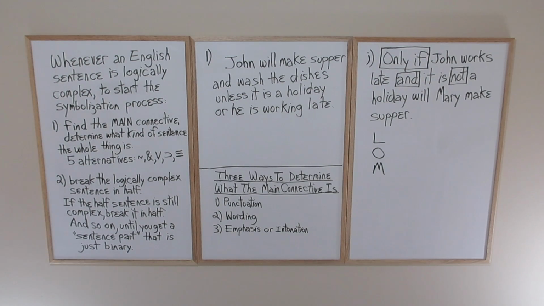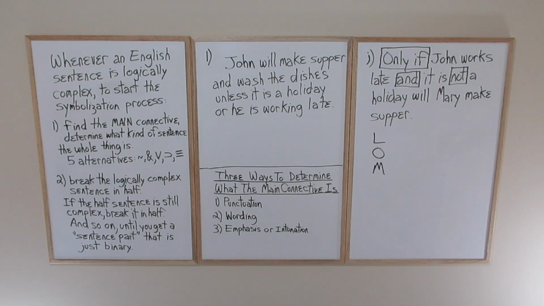We won't see this with these first two sentences, but if you come across a situation where once you've already broken the complex sentence in half, one or both of the halves is still pretty complex, all you have to do is repeat this process where you break that half in half. And you can continue to do that until you get to a sentence part that is just binary.